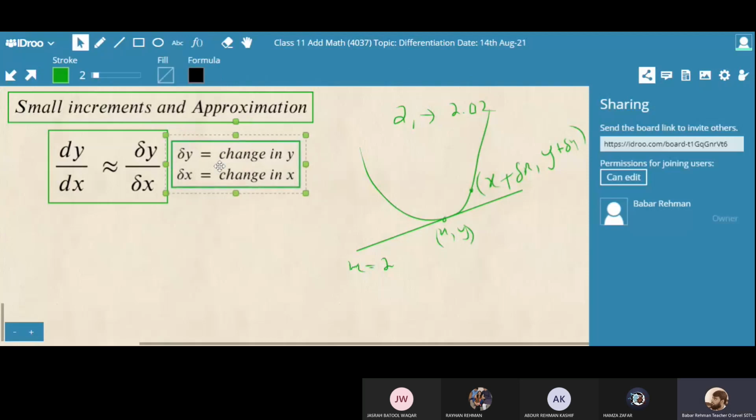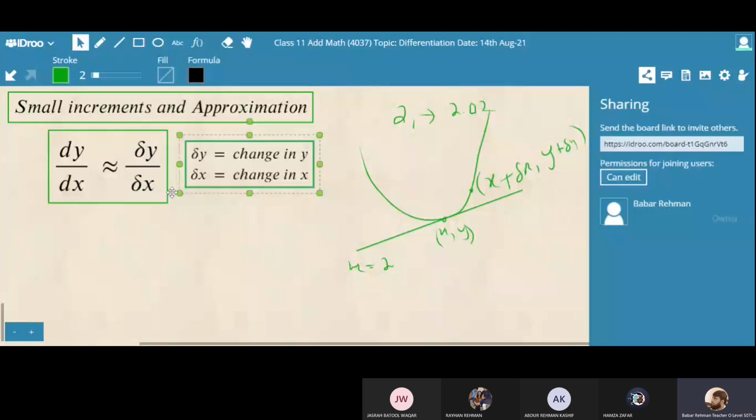Please note this. Remember, we will write the change in derivative. Basically, we are finding the small changes in the derivative.